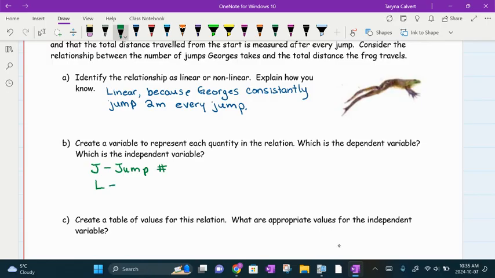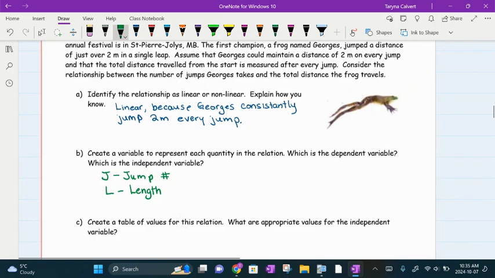And L represents length. And let's put our units on that. So meters. I'm going to be a little bit more specific actually. So L is going to represent total length in meters. So create a variable, we did that.